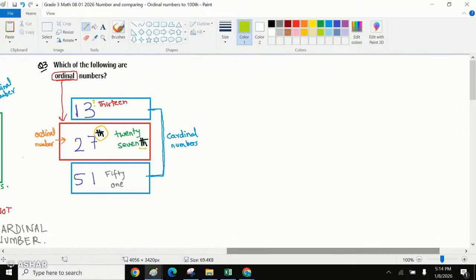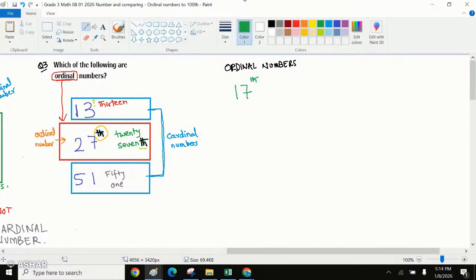Let's do another example. If we have ordinal numbers, so if we say 17, it needs to have a th.